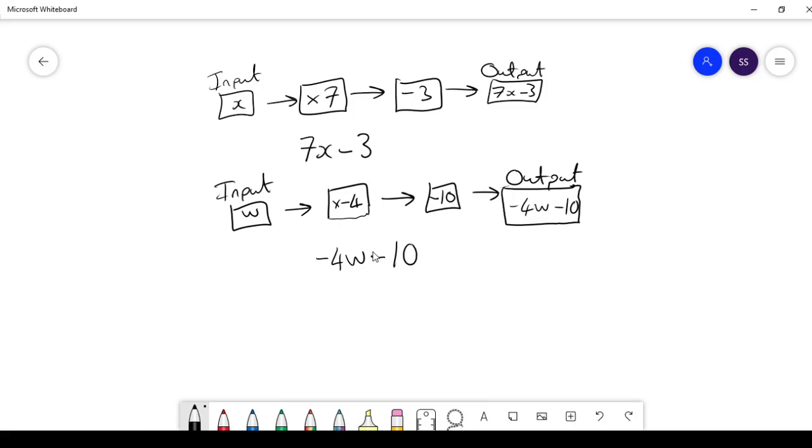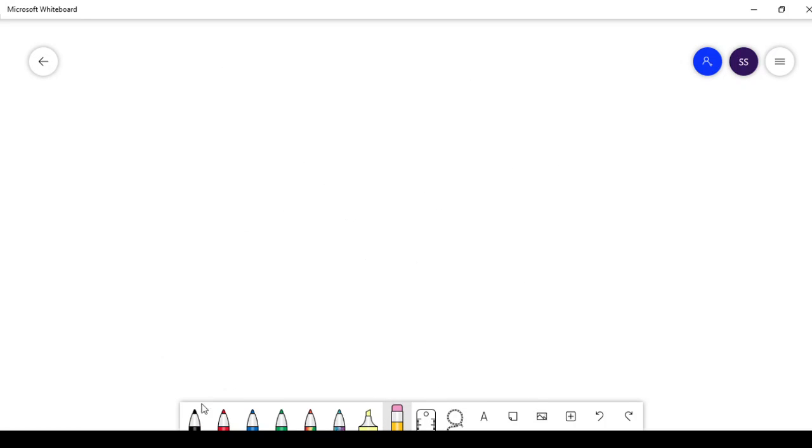Okay, so that's how we can convert function machines into expressions. Now, let's have a look at how we can go backwards, i.e. if I give you an expression, let's say 3x plus 9, and I want you to write it as a function machine.